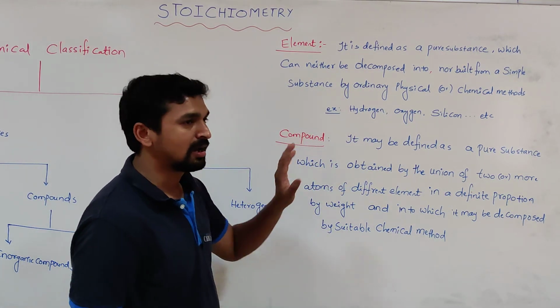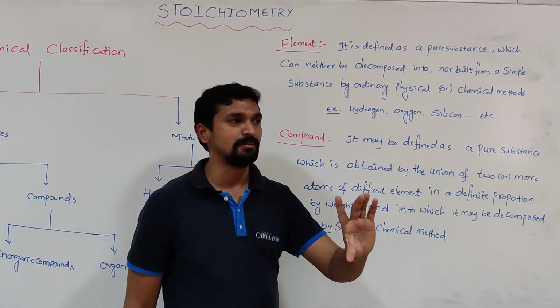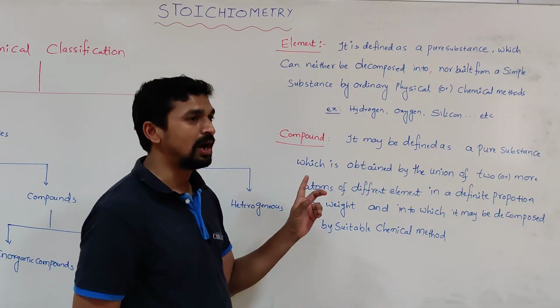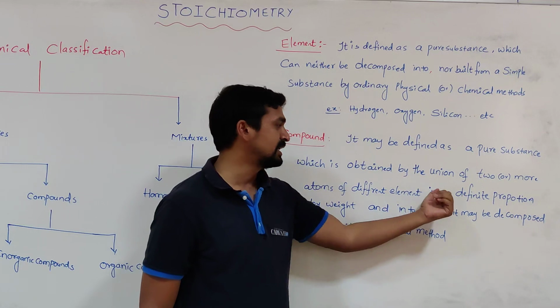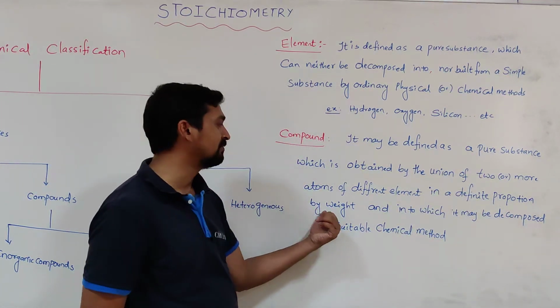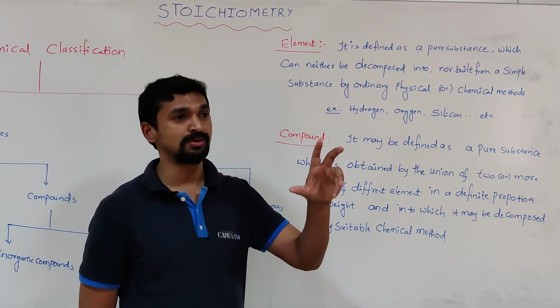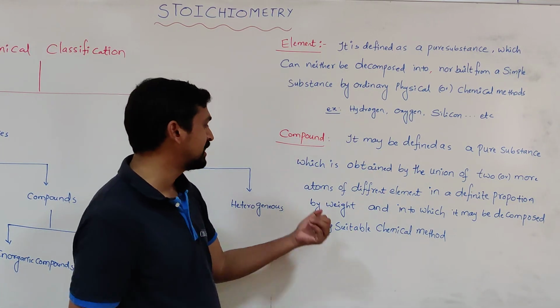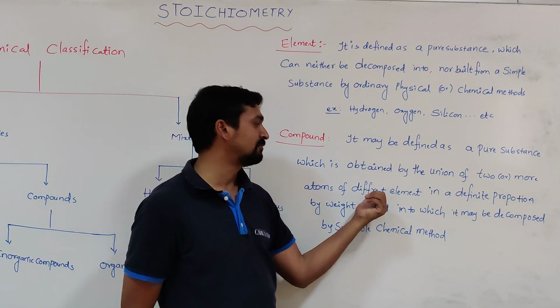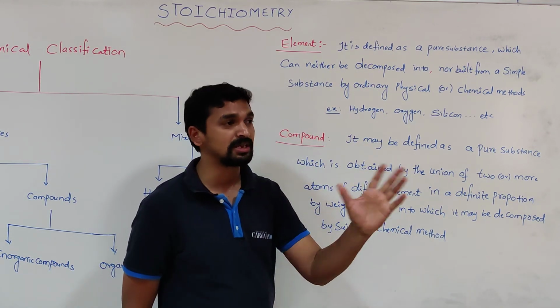So the compound is always formed by the combination of two or more atoms of different elements in a definite proportion by weight, and whenever it is subjected to decomposition, it is converted into the atoms of different elements by a suitable chemical method.